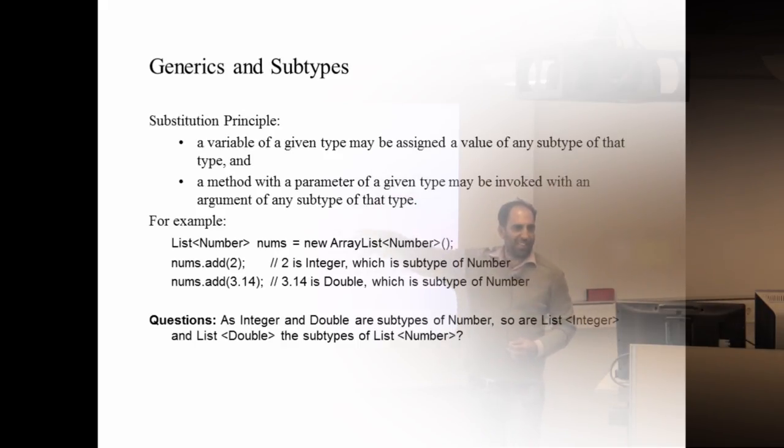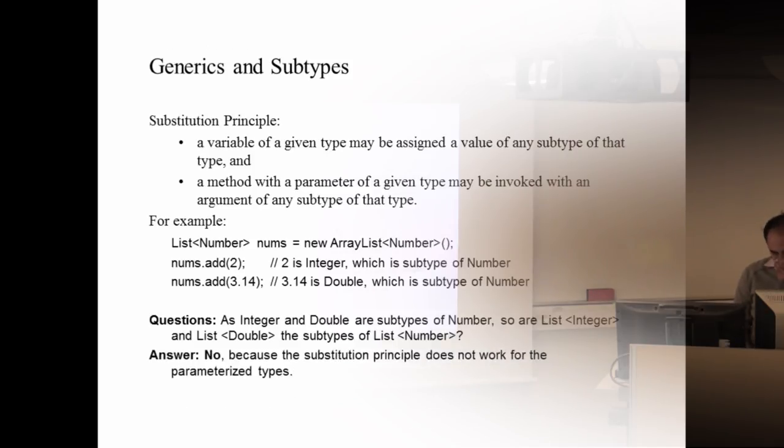It only works for ordinary primitive types or reference types. So if you have a type defined with parameter values, this principle breaks, and you cannot use the substitution principle.